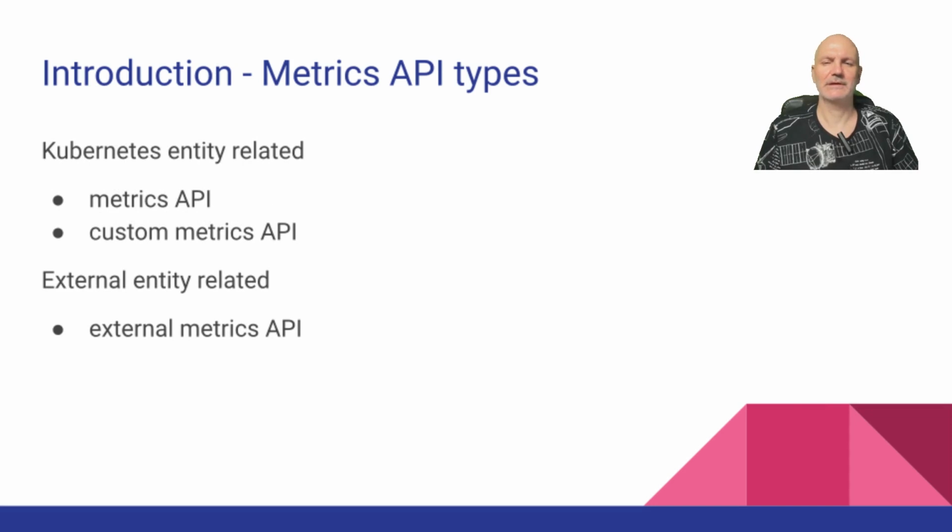Let's note here that while metrics from the Metrics API and Custom Metrics API relate to Kubernetes objects like containers, pods, nodes, ingresses, and such, the metrics in the external API usually relate to external entities, those that live outside of the Kubernetes domain.